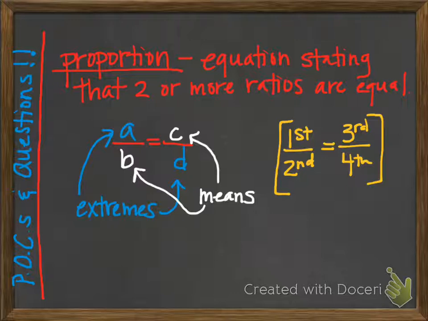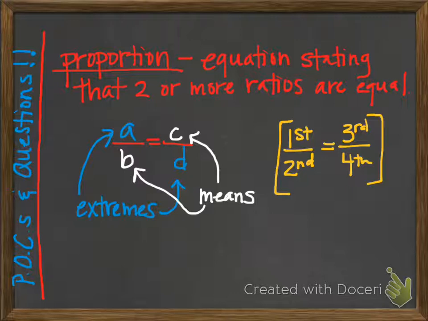Now there's lots of different ways that we could write a proportion for it to have the same meaning, but what's really important is that the cross products are equal. So let me tell you what I mean about cross products. Back when you were little, or in junior high, not too long ago, you learned how to solve proportions. Some people call it the butterfly method or cross multiply and divide.